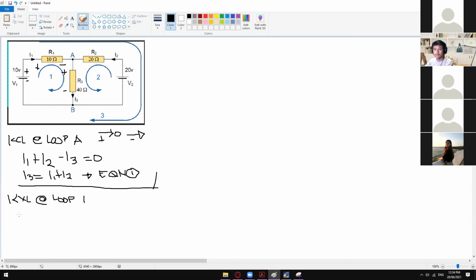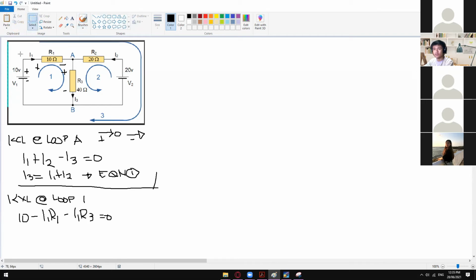So in here we have positive 10 volts minus I1 times R1 because this is a voltage drop, and then another voltage drop right here, minus I2, I1, and then I3 equal to 0. When dealing with loops, especially in KVL, just consider this one loop right here.